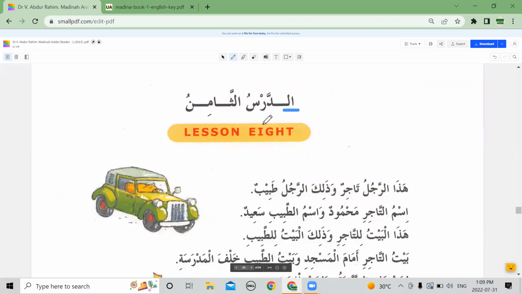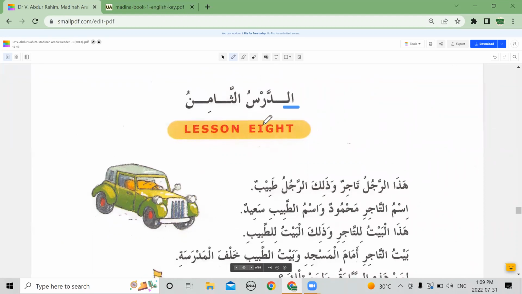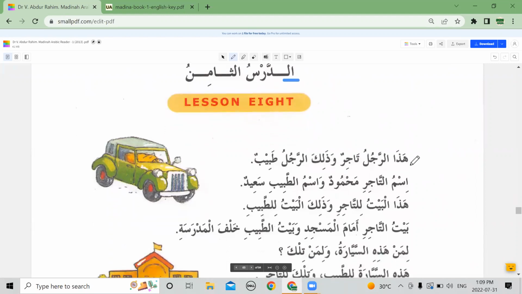Can you see my screen? All right, go ahead, read from here. Hadha rajulu. Can you hear me, Zainab? All right, so while I think she's going to reconnect, Samiha, can you read, please?